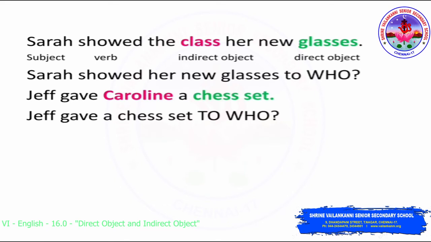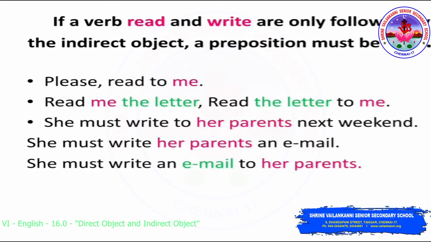Now, if the verbs read and write are only followed by the indirect object, a preposition must be used. What do you mean by that? For example, please read to me. You can even say, read me the letter.